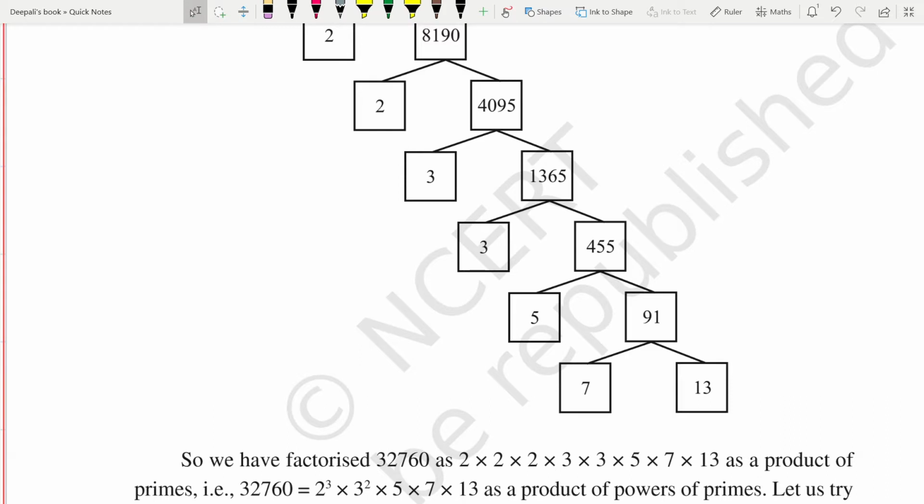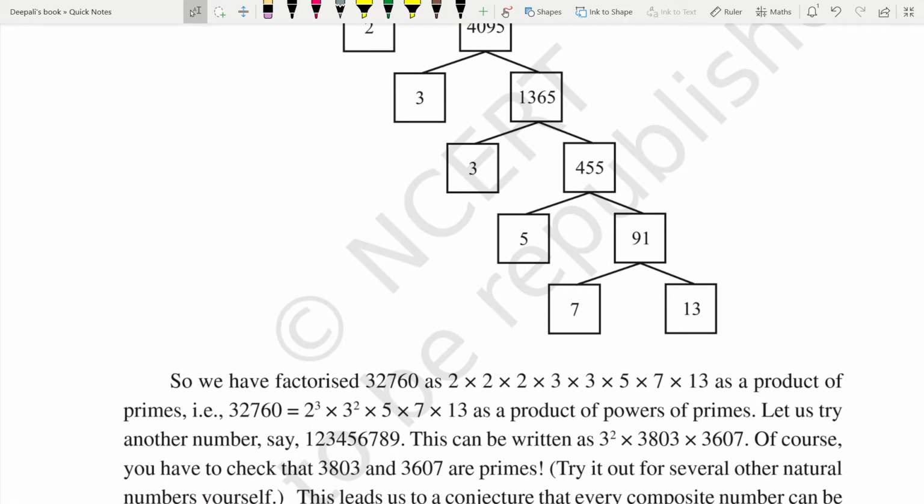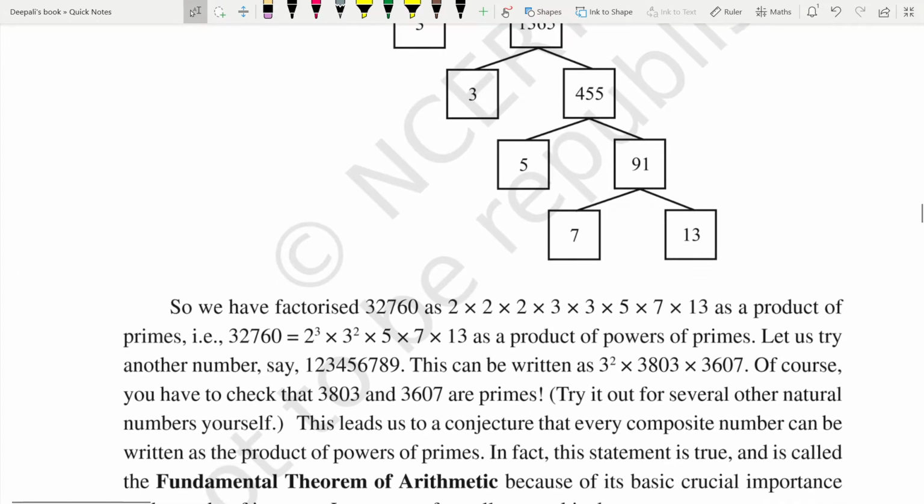That factorizes to 5 into 91, which factorizes into 7 into 13. So we can say the prime factors of 32760 are 2, 2, 2 into 3 into 3 into 5 into 7 into 13. That is, 32760 is equal to 2 raised to power 3 into 3 raised to power 2 into 5 into 7 into 13, the product of prime numbers.